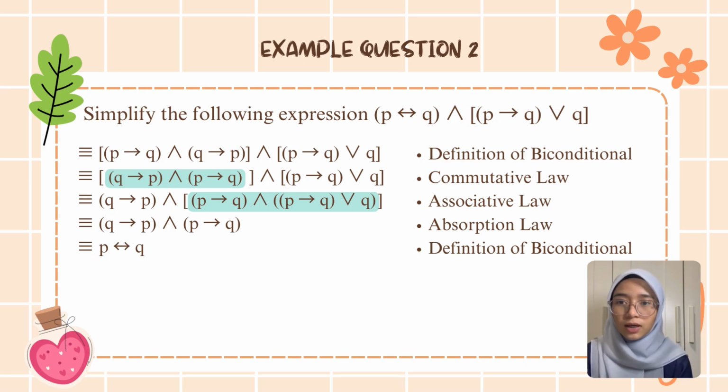Next, we can see that there is a different symbol and we have the same statement, P implies Q, so we can use the absorption law. So only P implies Q remains, so it becomes Q implies P and P implies Q. Since we can use the definition of biconditional, we just write it as P biconditional Q.